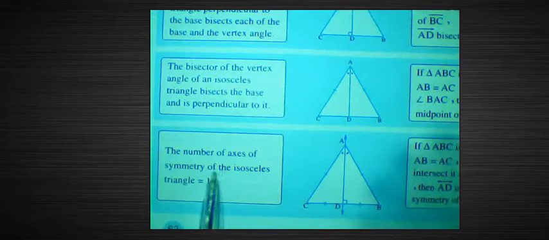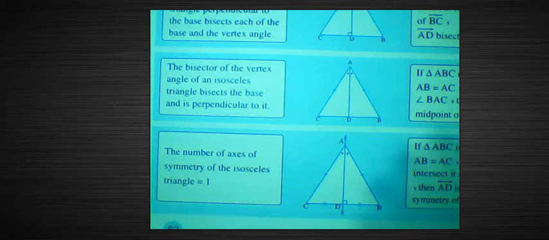Okay. The number of axes of symmetry of the isosceles triangle equals 1. طبعا يا ولاد الايكوالاترال بيبقى 3 والسكالين triangle بيبقى 0.